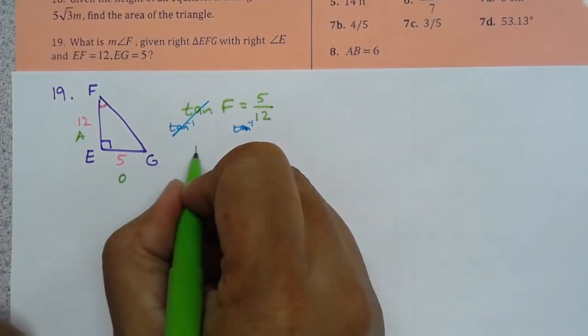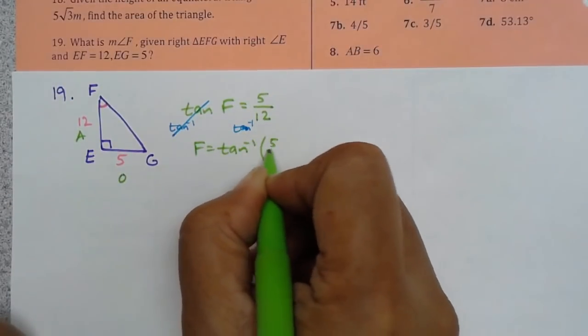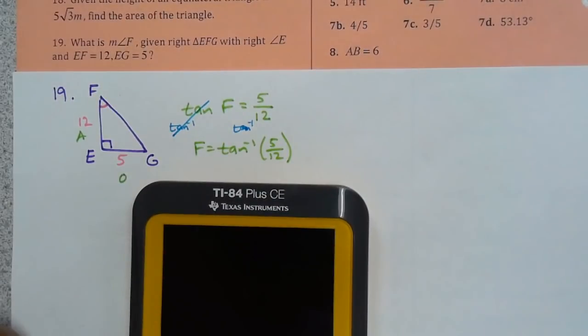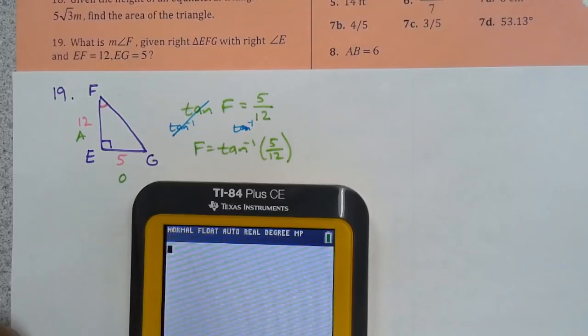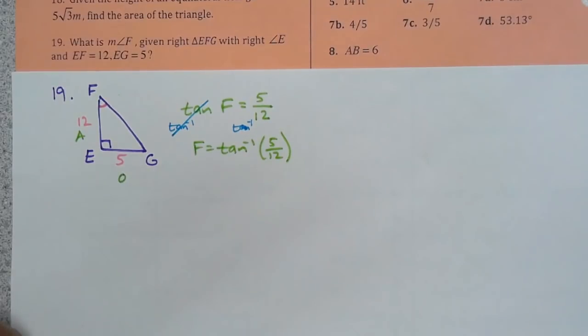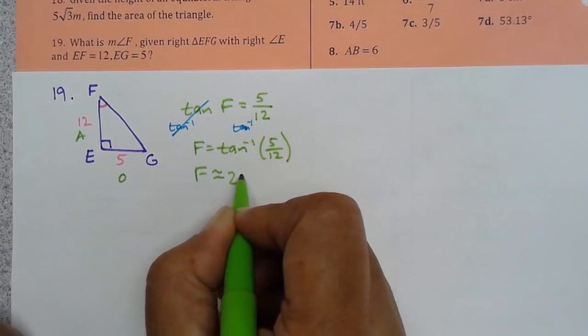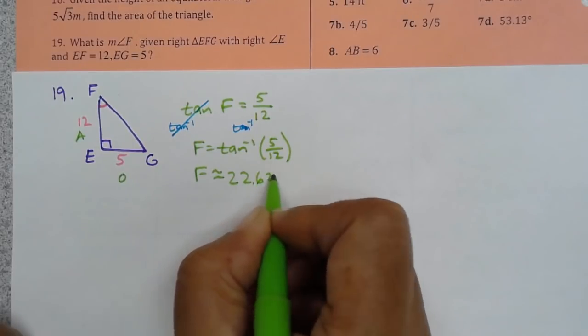So F equals tangent inverse of 5 over 12. We're going to need our calculators to plug that in. Make sure you're in degree mode. So hit second tangent and then 5 divided by 12, which is approximately 22.62 degrees.